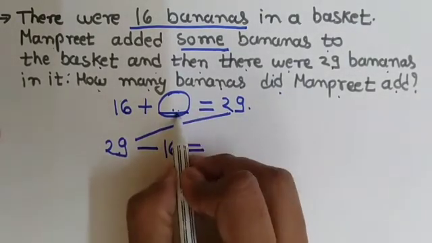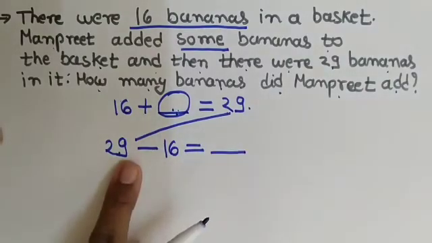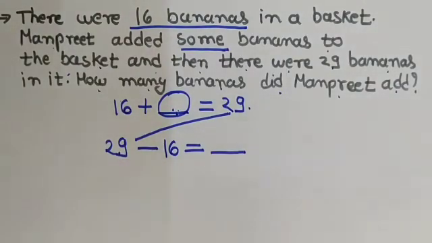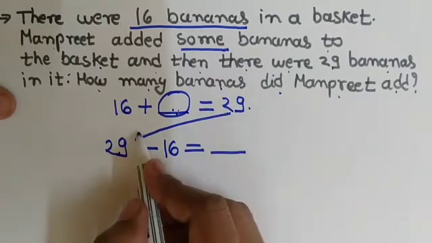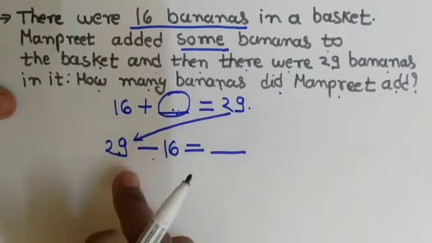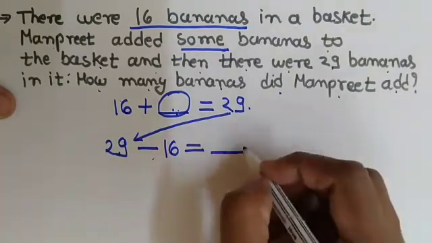So what will we get, children, here? The other number of the addition. We have learnt this type of question in our previous lesson, children, addition and subtraction, a pair. So with the help of this method, we will take out this answer.